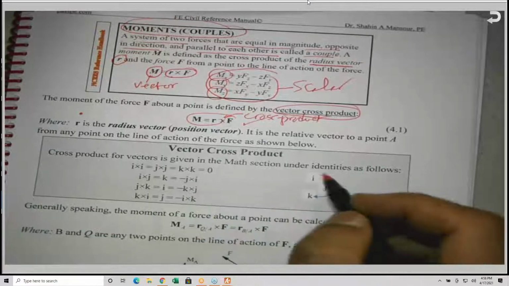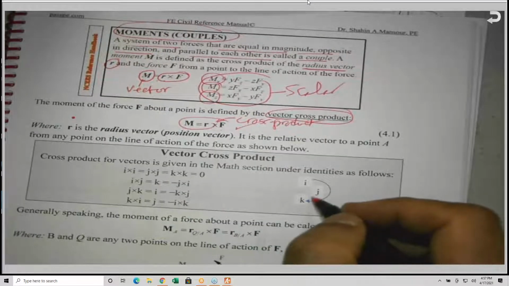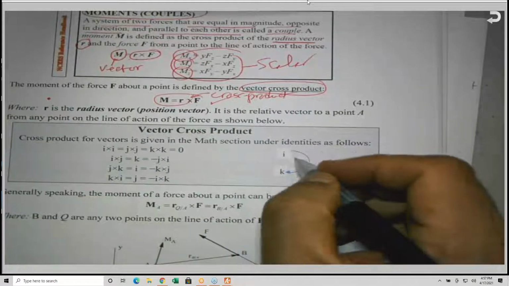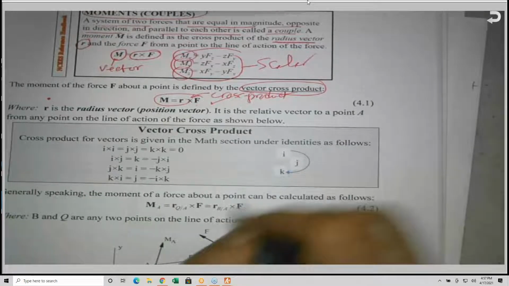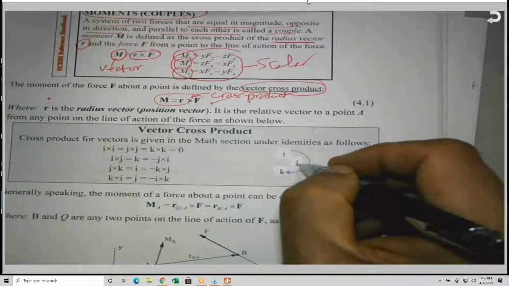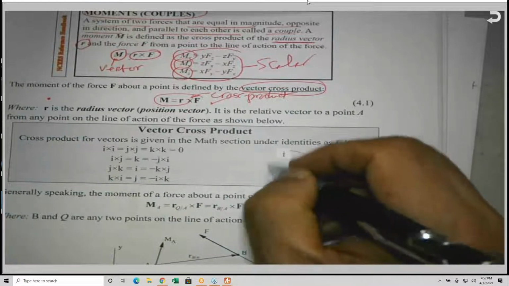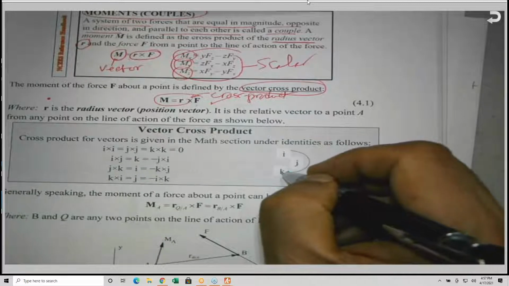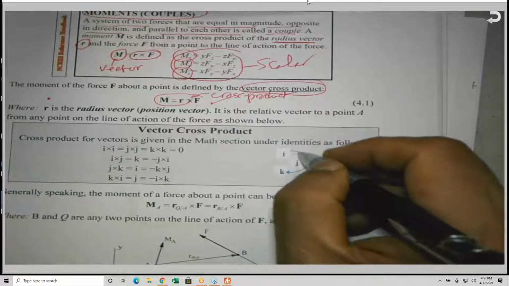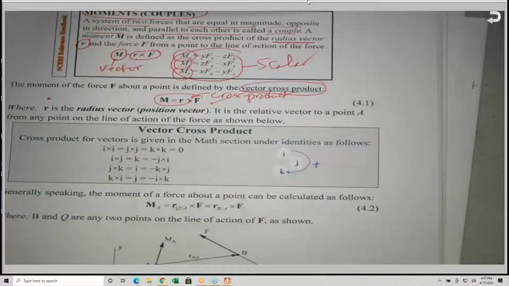I need you to remember, if you forget the sign and the direction, most of the textbooks say I, J, K like this in the clockwise direction. If you multiply I cross J, it will give you K. J cross K will give you I. If you multiply K cross J, it will give you negative I. So if you are going in this direction, this is a plus. If you reverse it, you are going to get a negative sign.